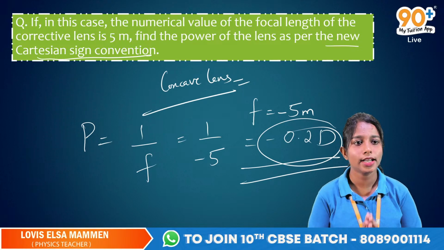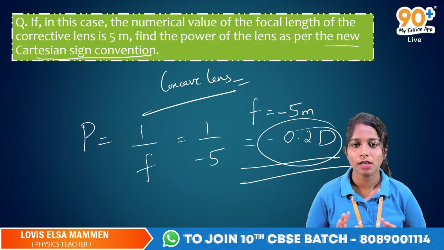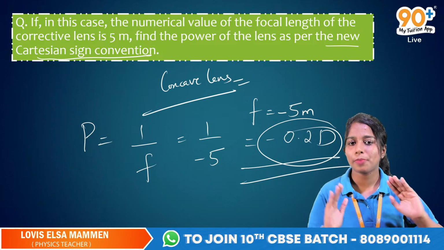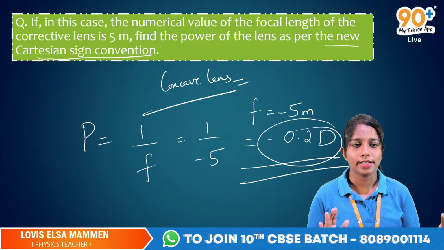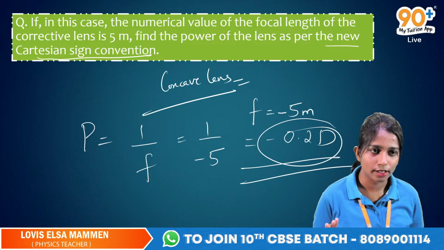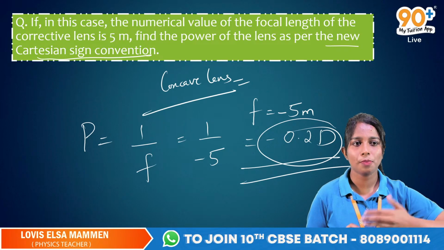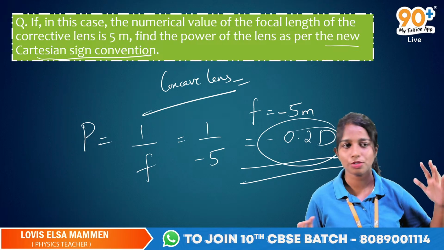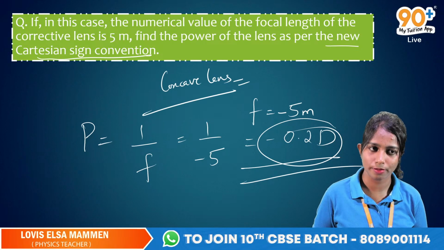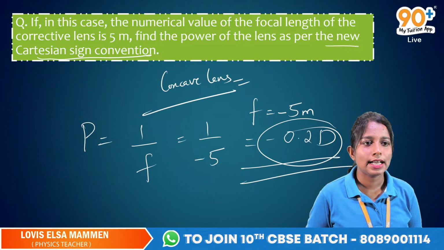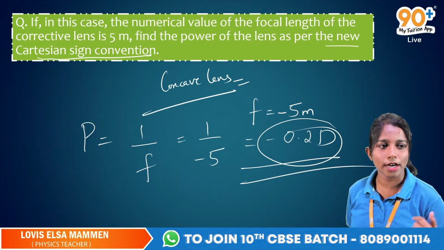We studied 4 defects of vision: myopia, hypermetropia, presbyopia and so on. We have done the numerical problems. Understood? Just give me a thumbs up everyone if you understood it.